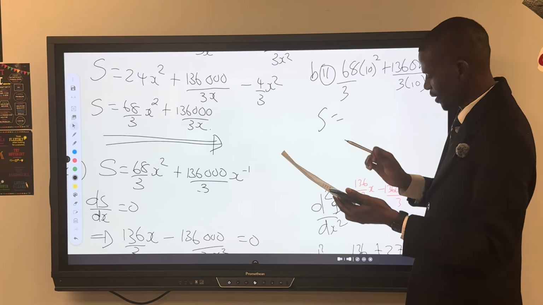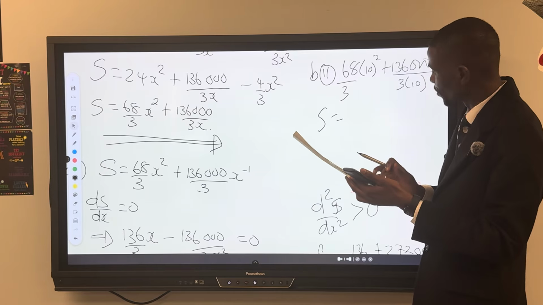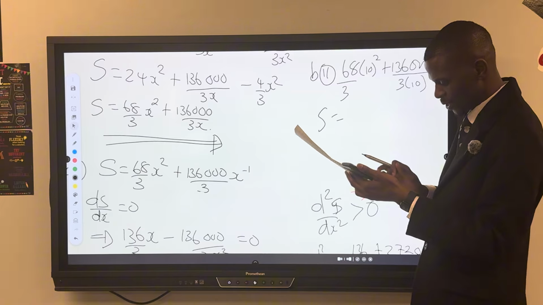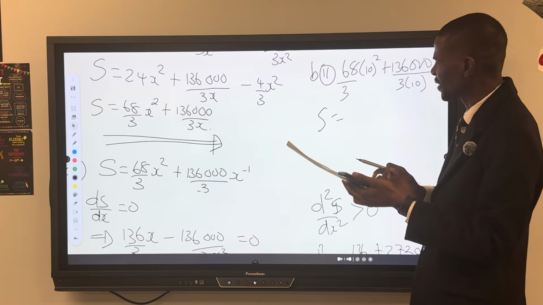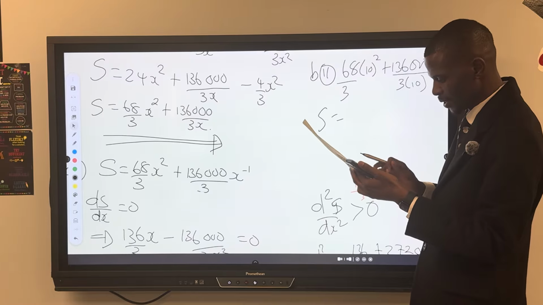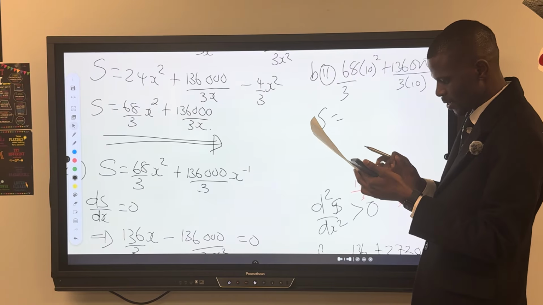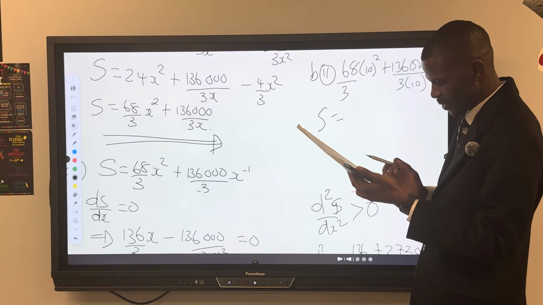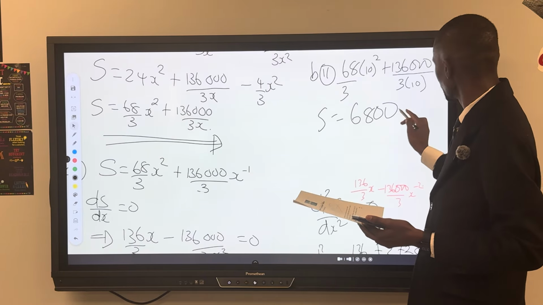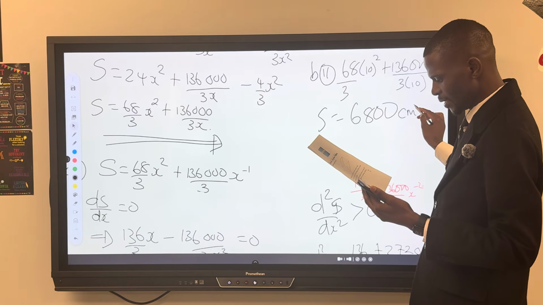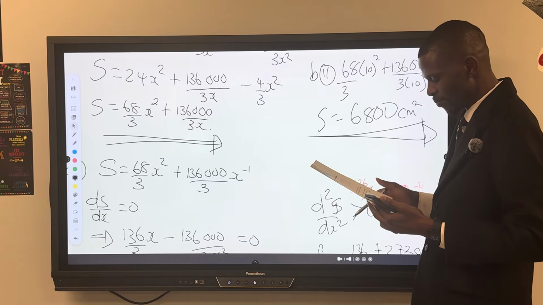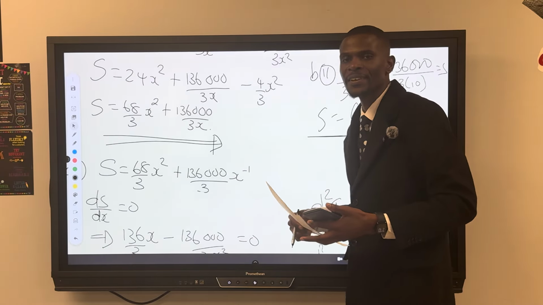So s is equal to 68 times 100 over 3, plus 136,000 over 30. I'm getting 6,800 this way. So this is 3,800 square centimeters. So this is the minimum value of the surface area.